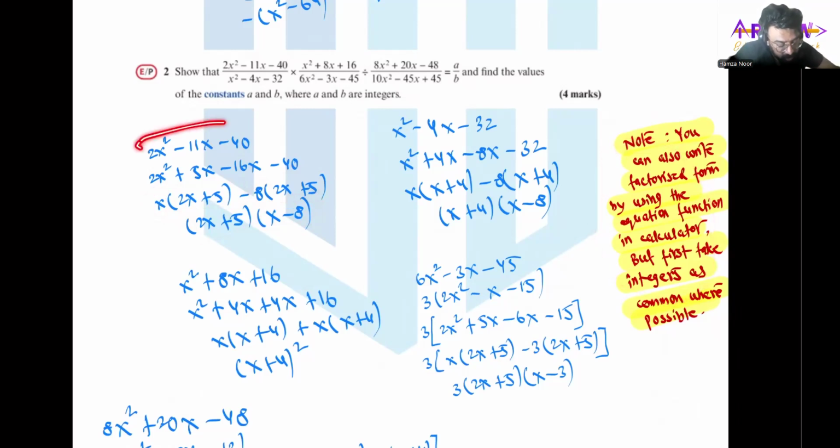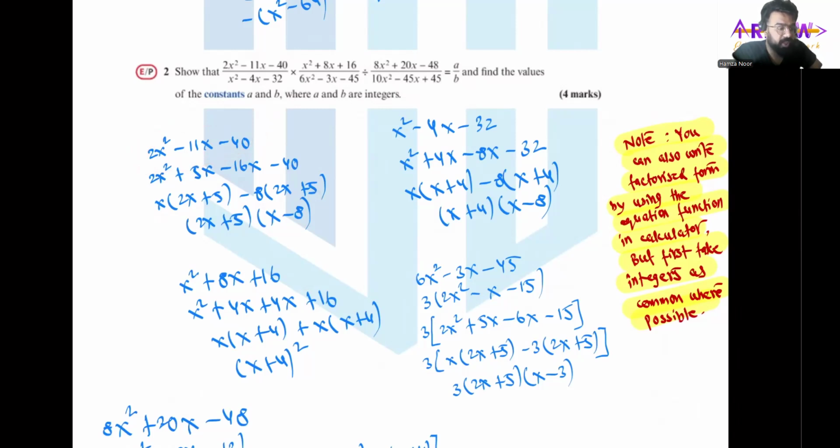2x square minus 11x minus 40, there is no integer in common right now between these three terms. So you just put this expression in your calculator equation function mode. You go on the menu, and here I have option number A, equation function, polynomial with degree of 2, ax square plus bx plus c.